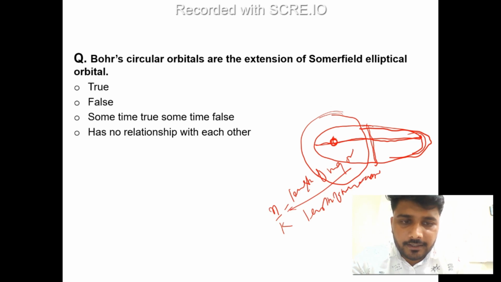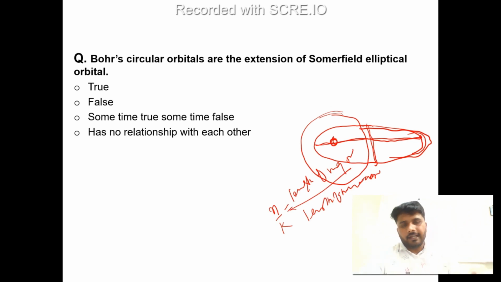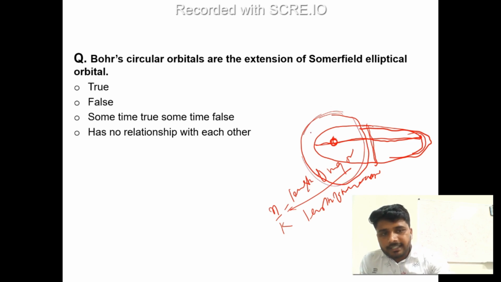If the major axis and minor axis are the same, it will form a circle. So the Bohr circular orbits are the special case of Sommerfeld elliptical orbits. So this is always true.